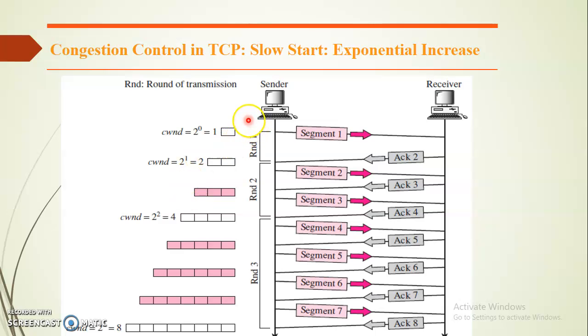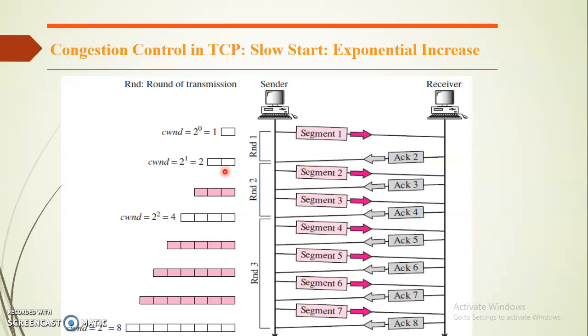We have taken the window size as CWND. In this example, CWND is taken as one maximum segment size. That means we will send one segment at a time. After receiving the acknowledgement, CWND will be increased exponentially.